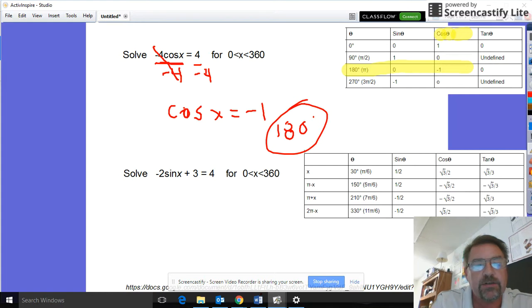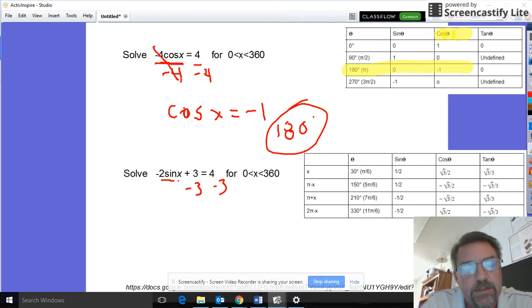All right, here's a two-step equation. Once again, you've got to get the function alone first. So you're adding 3 to the function, so subtract 3 from both sides. So -2 sine x is equal to 1.